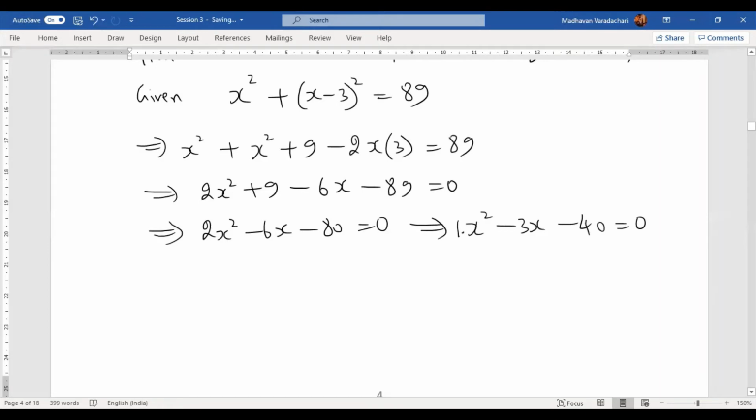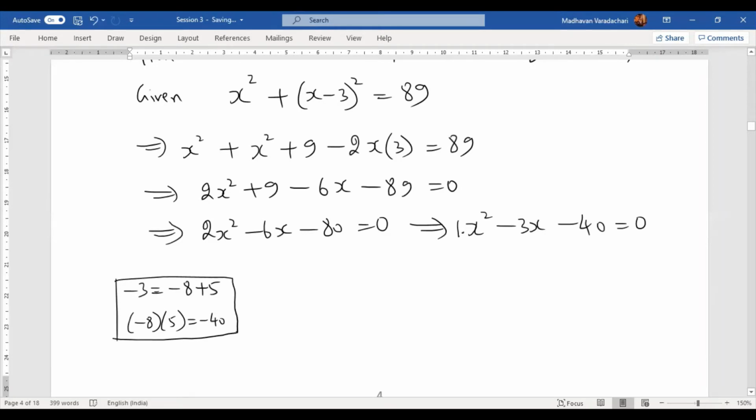So think about two numbers. If I want minus 3, I will take minus 8 plus 5. Why am I choosing minus 8 plus 5? Because if I multiply minus 8 into 5, I get negative 40. So I got the numbers as minus 8 and positive 5.